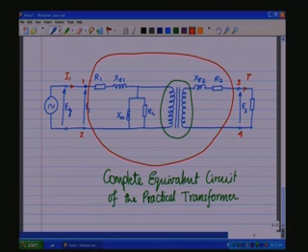So, then we have to define the currents. We are taking a current from the source, we will call it I1, and there is a current flowing in the secondary, it is called I2.